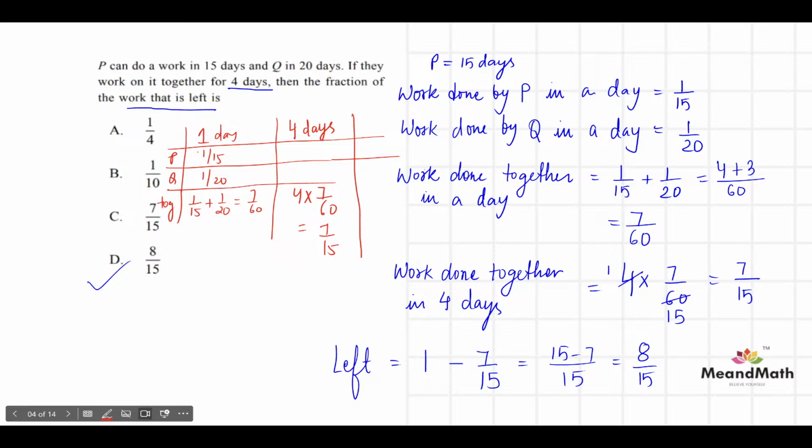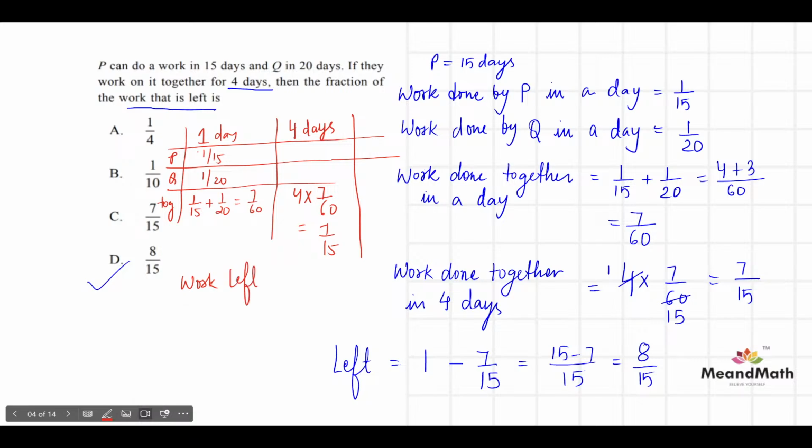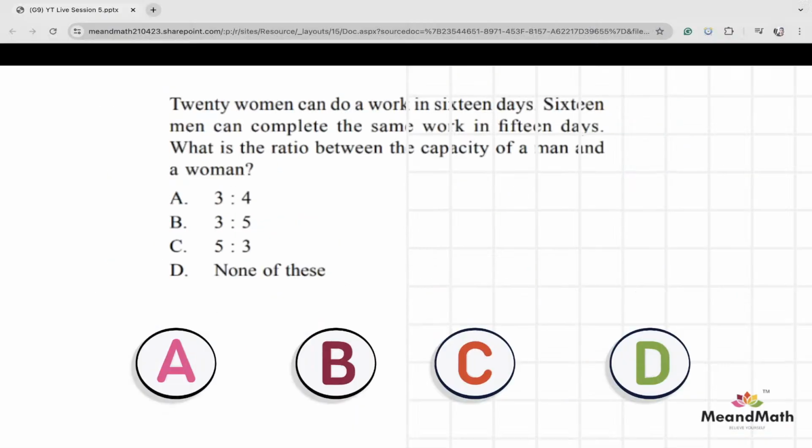So work left would be 1 takeaway. 1 is like 100%, right? 1 takeaway 7/15. That is going to be giving us 8 over 15. If you think like this method works for you, you can go like that. Let's move to the next question.